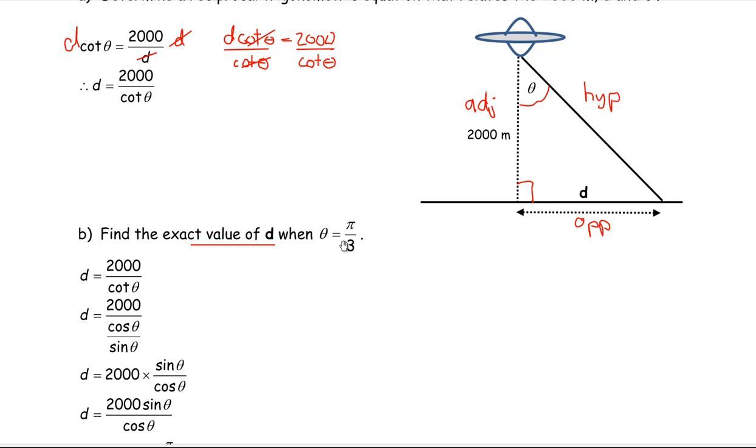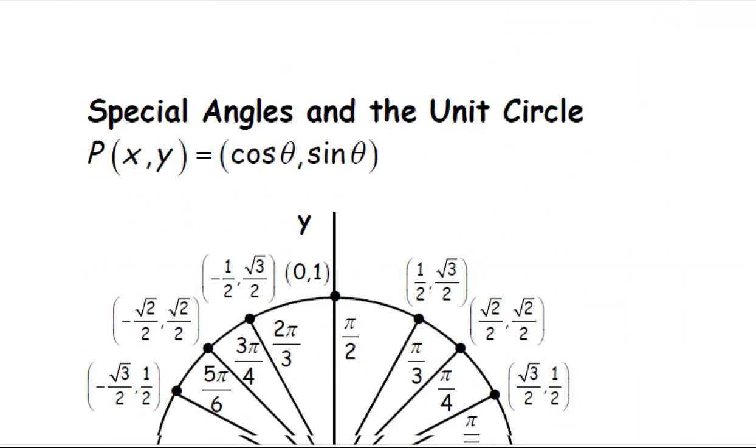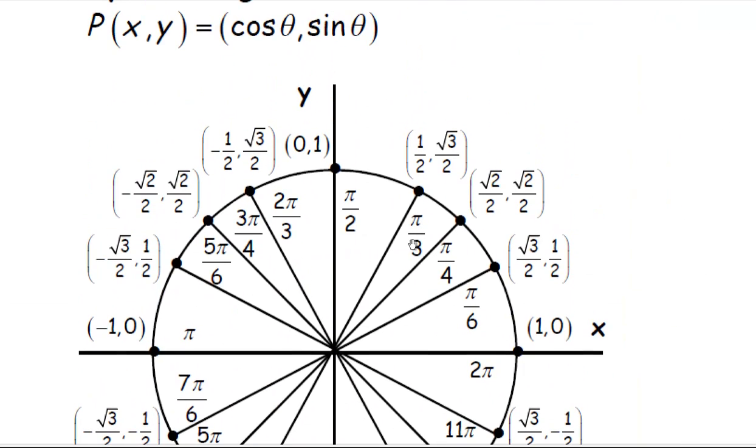So the unit circle, and I'm going to scroll back down here again. For pi over 3, the cosine's a half, and the sine is root 3 over 2. Let me write this out. So cos pi over 3 equals a half, and the sine of pi over 3 is root 3 over 2.